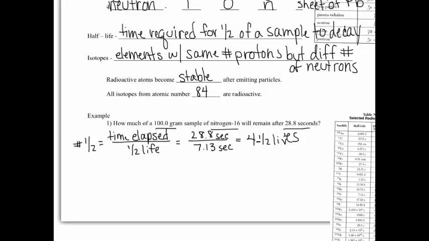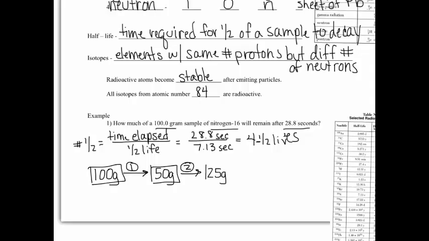So I think it's a lot easier just to use the box method. So we're starting with 100 grams, and then after 1 half-life, we'll have half of that, or 50 grams. After a second half-life, we'll have half of that, or 25 grams.